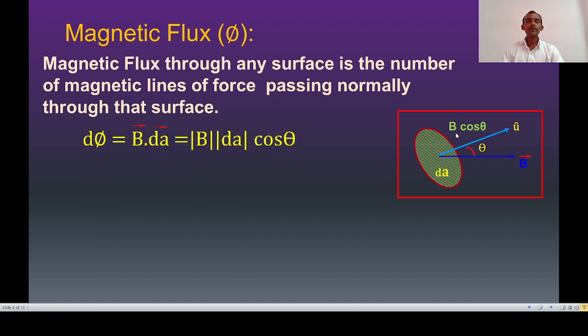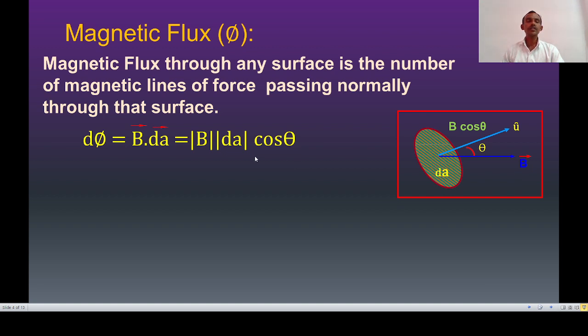Now, the magnetic flux for this small surface area can be written as d phi is equal to B bar dot dA bar, that is equal to magnitude of B into magnitude of dA into cos theta. That is, d phi is equal to the magnitude of the magnetic field into the magnitude of area into cos of theta.